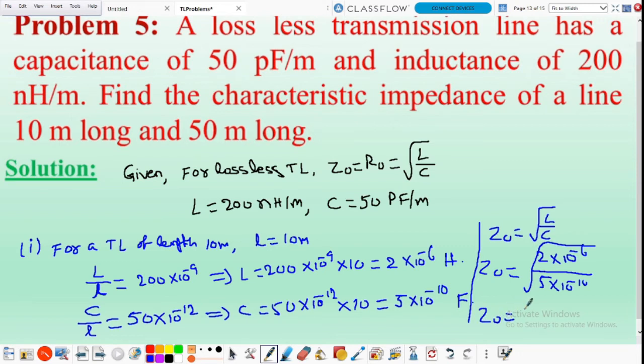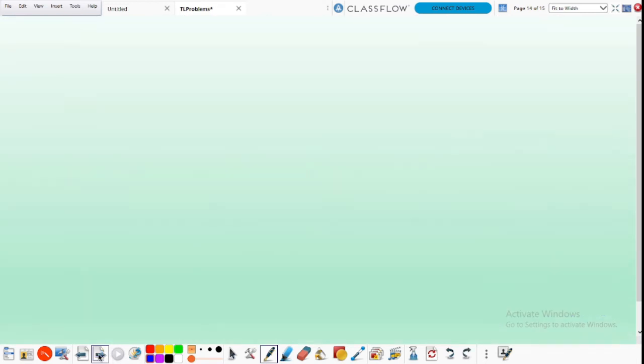Substituting L and C values, we get the characteristic impedance Z0 is 63.245 ohms. And that is the first bit solution for the 10 meters long.